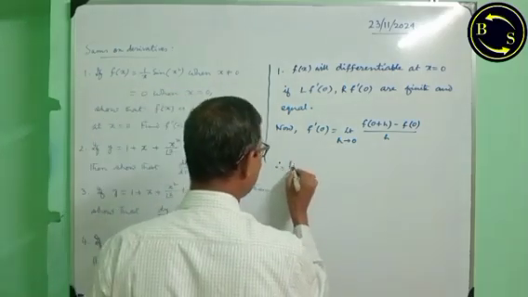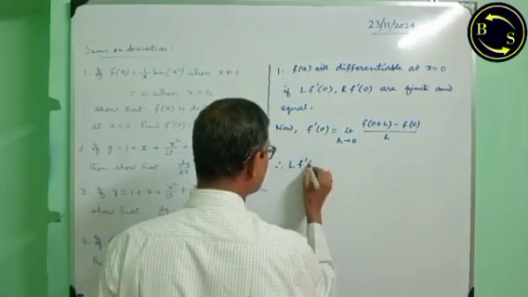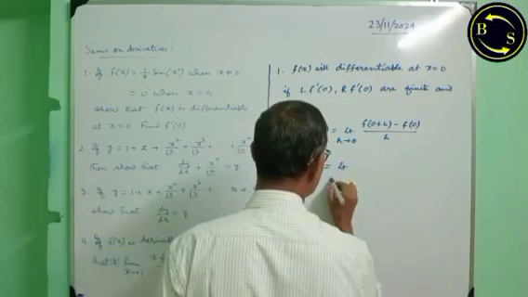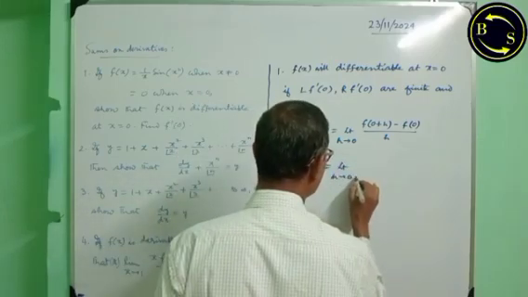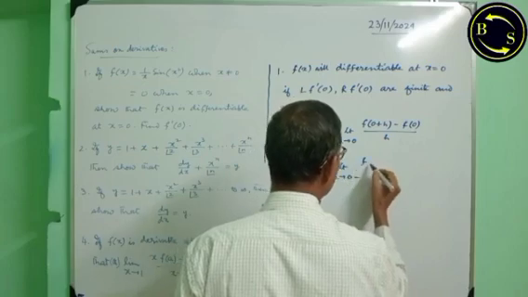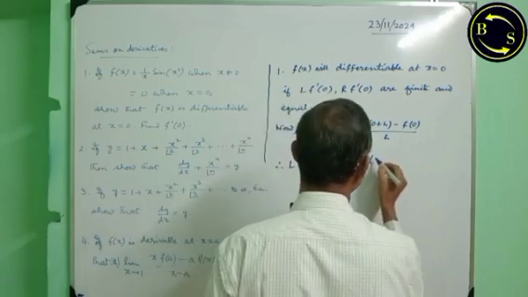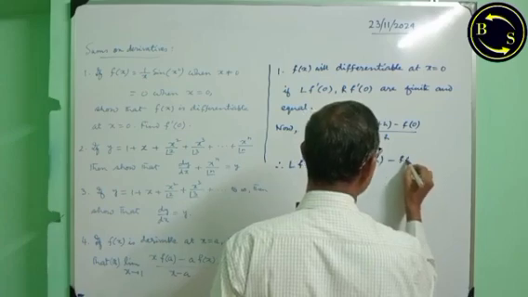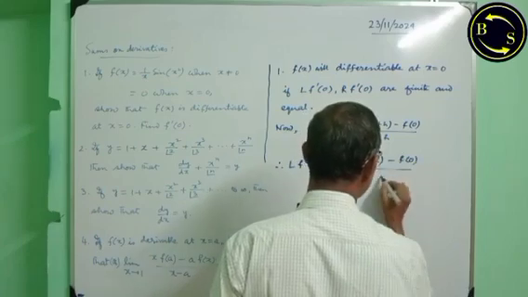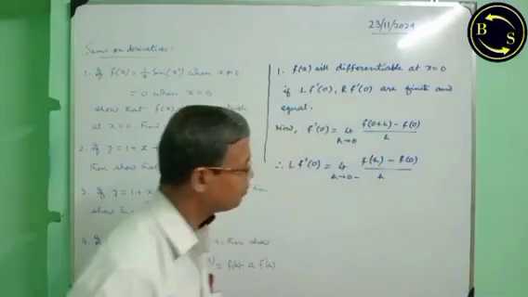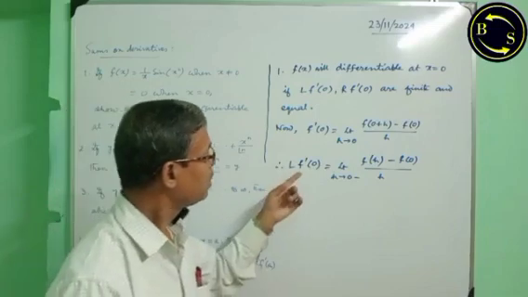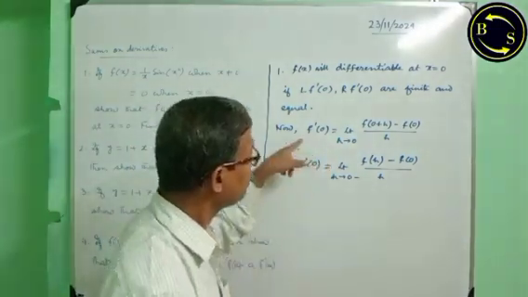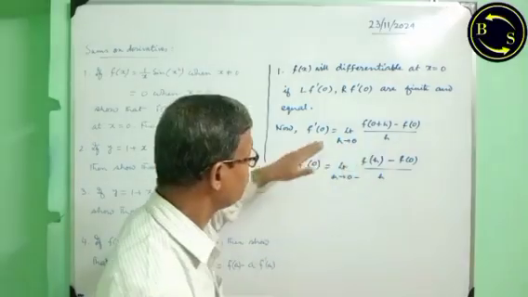Therefore, Lf'(0) is equal to limit h tends to 0 minus of (f(0+h) minus f(0)) by h. This is as per the definition of left hand derivative.